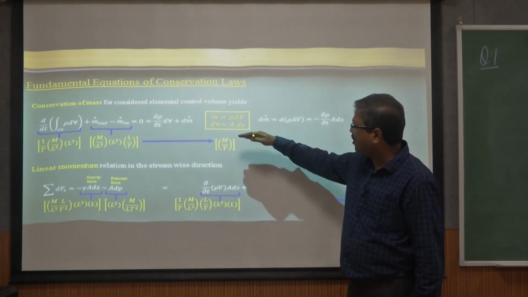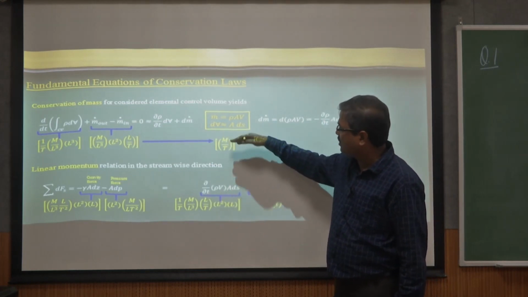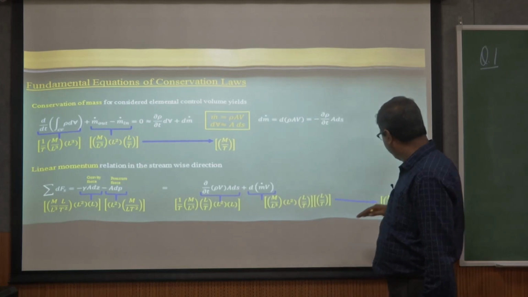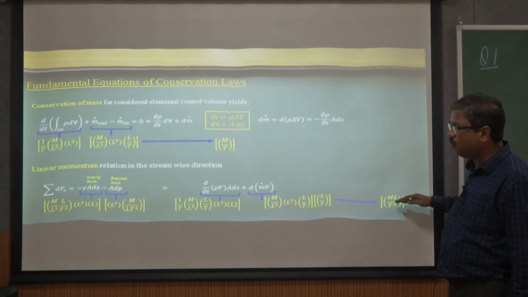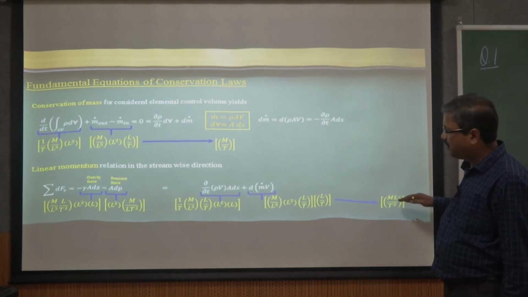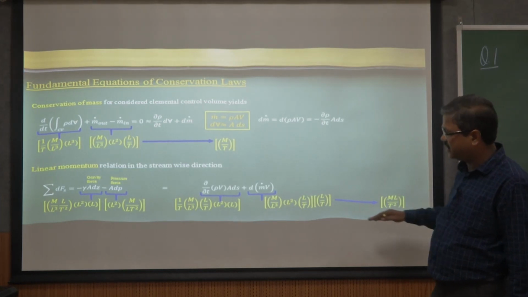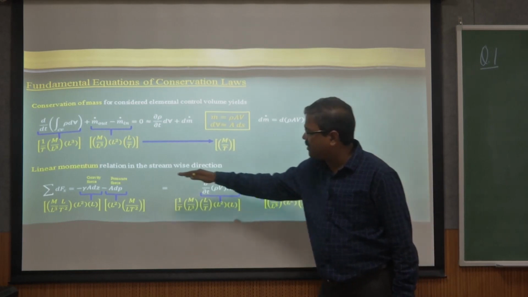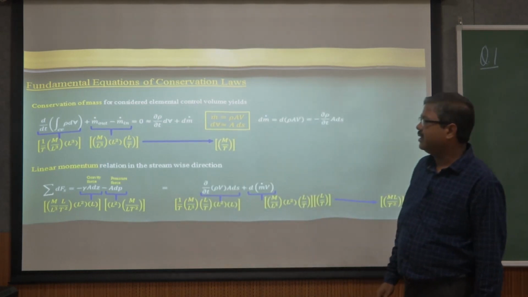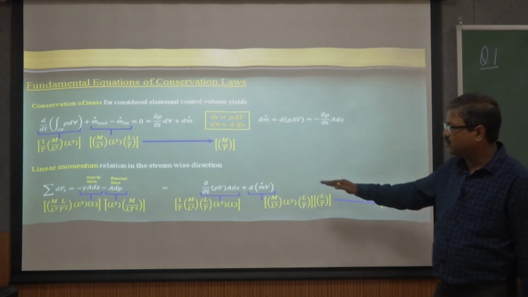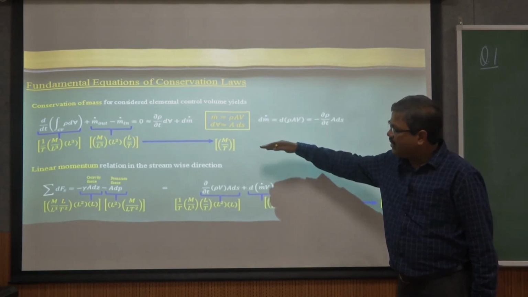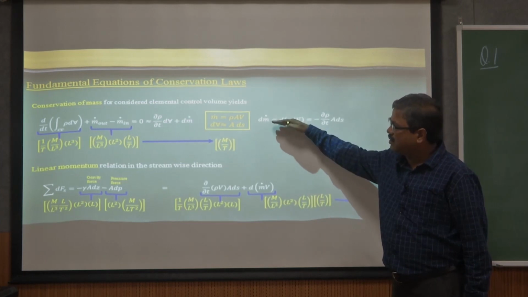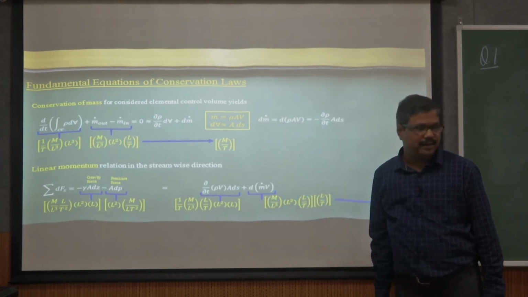For example, in this case it's a mass flux, mass per unit time. In this case, these are the force components, M L T to the power minus 2 is force. So each component represents a force. That's what we try to understand by writing the proper equations for conservation of mass and linear momentum.